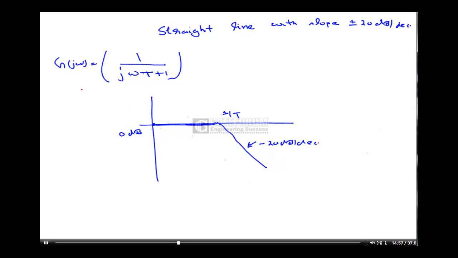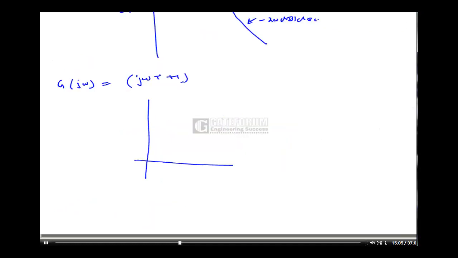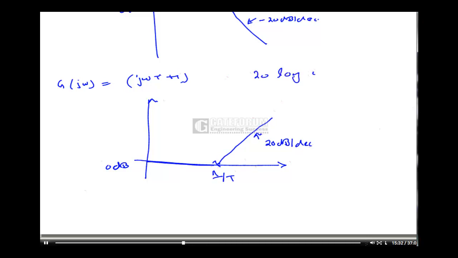Okay, suppose in case it is a zero, then it is g of j omega equal to j omega t plus 1. Then in that case it will be like this. This is 1 by t, 20 dB per decade, 0 dB. Okay, simple, because in this case the magnitude will be 20 log of omega square t square plus 1 to the power 1 by 2. Under approximation I can draw it like this.